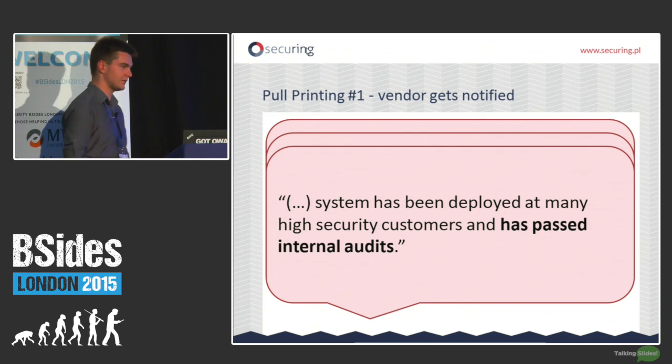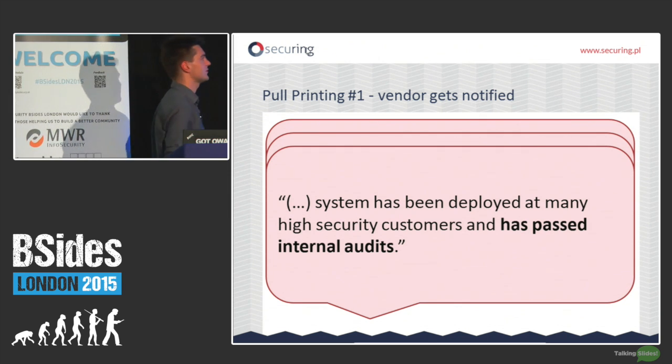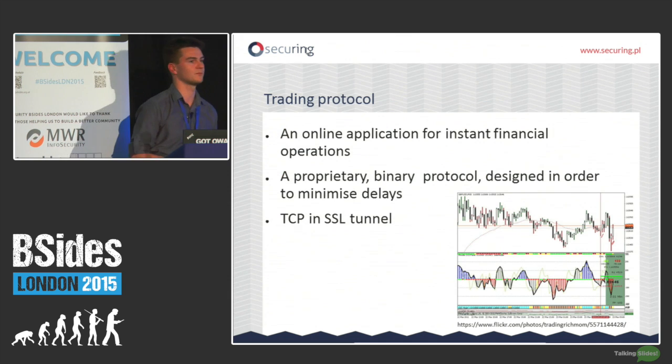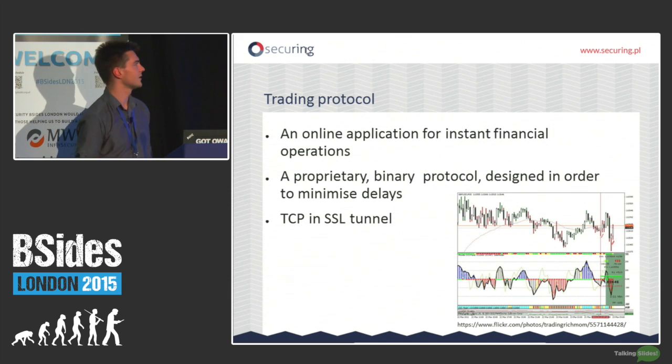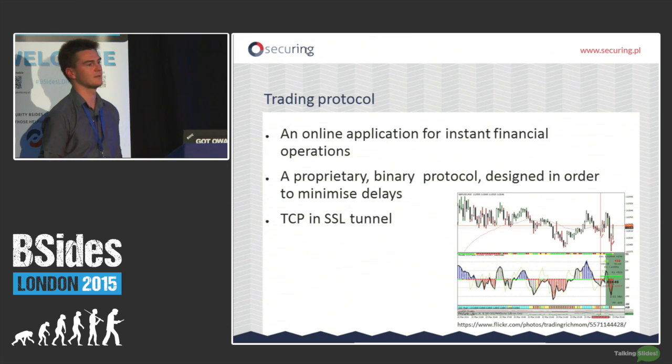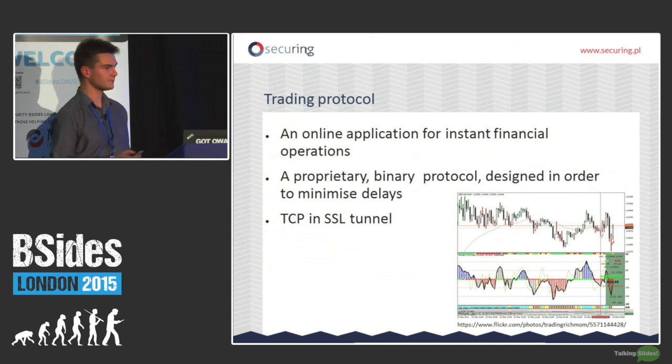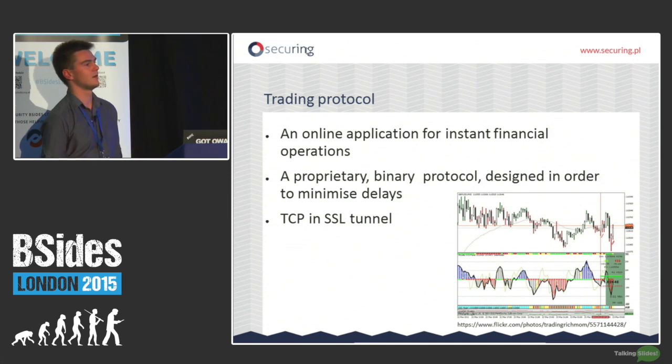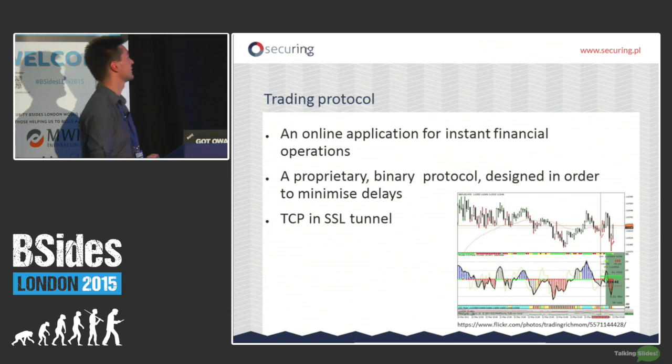Okay, now I want to present you the most interesting example of proprietary network protocols. We had the possibility to test a trading protocol for the Forex industry. This is software that clients log into and put in real money, take a big risk, and win or, rather, lose.